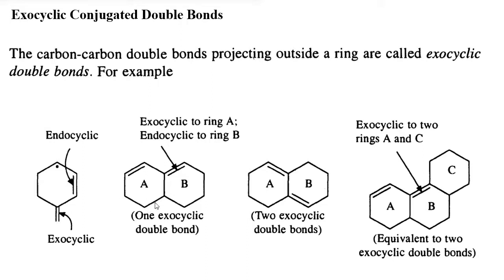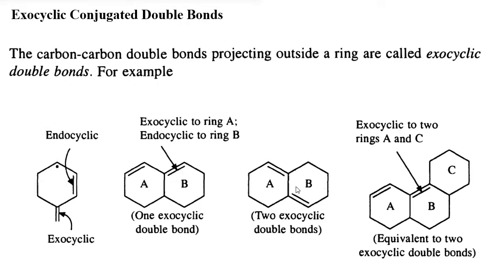It is important to note that it is exocyclic with respect to this ring because this double bond is projecting outside the ring. In the second example, you can see this bond is projecting outside with respect to ring A, and hence it is an exocyclic double bond with respect to ring A. So here is one exocyclic double bond.